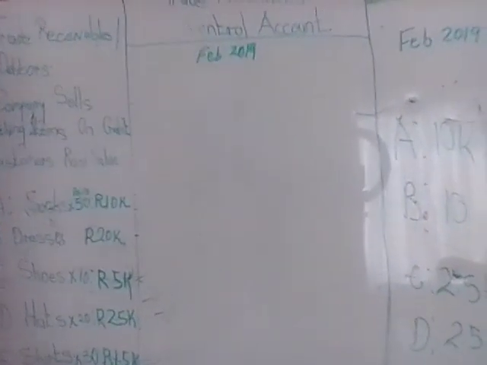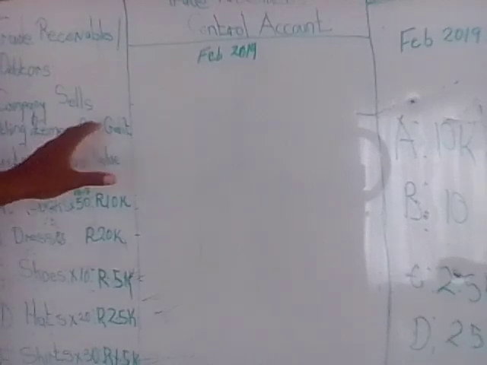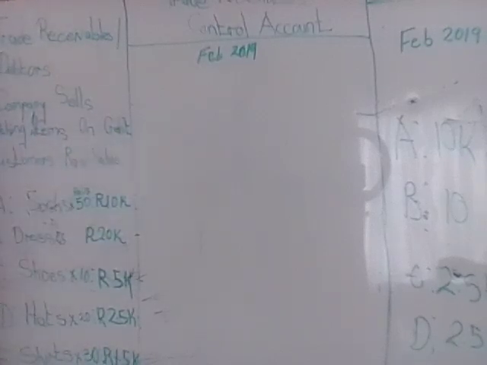Right, so let's move back to the first column of the whiteboard. There I've got trade receivables, also known as trade debtors. The company sells clothing items on credit. That is the sentence which is captured there.